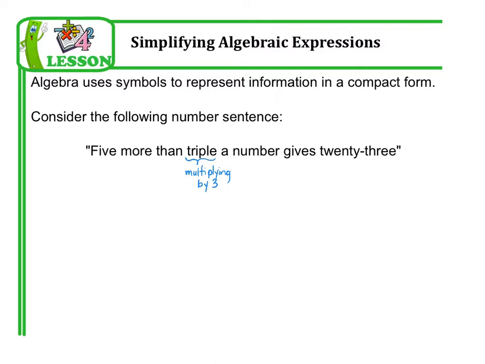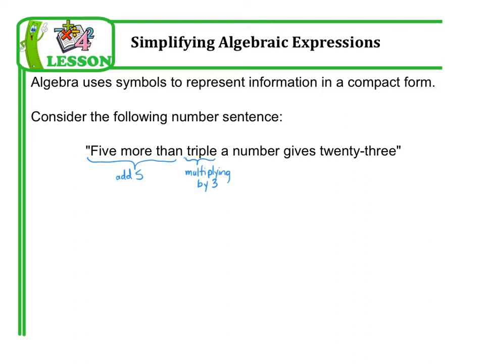The other part that to me is very important is when it says more than. When I see those words more than, I'm thinking that I need to add. And in this case, 5 more than. So maybe I want to write that as this, okay? 5 more than means to add 5.